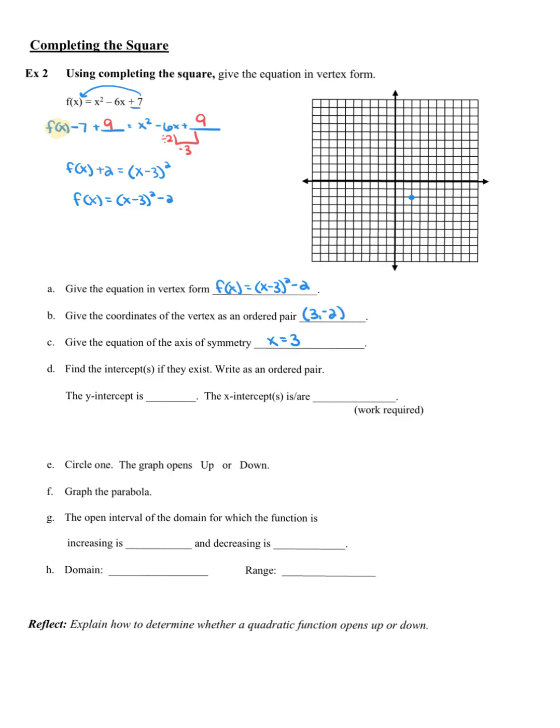Find the intercepts if they exist. Write as an ordered pair. So the y-intercept would be when x equals 0. So if I go back to the standard form and plug in a 0 for x, I get 0 minus 0 plus 7. So the y-intercept is 0, 7. The x-intercepts can be found by setting y to 0. So I'm going to go back to the original equation, x squared minus 6x plus 7, and set it equal to 0.